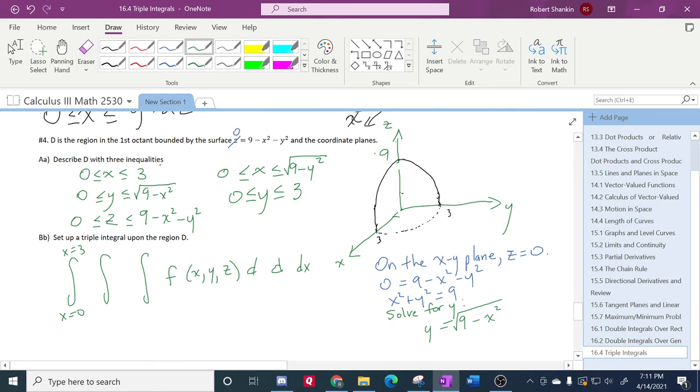So now we set up our triple integral. Which one should come next? I did my outermost, dx, 0 to 3. What should come next? Next innermost should be what? dy or dz? dy. And then this should be y equals. Now this is consistent. We're only going to have one variable.